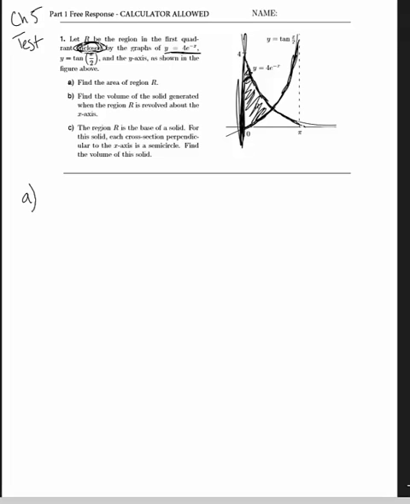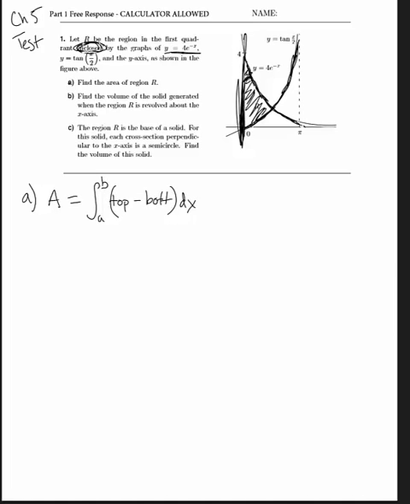So part A says find the area of that region. We need to use the formula area equals the integral from A to B of top minus bottom dx. And in this case, to get that endpoint, a couple people didn't do this. You really need to make sure that you set 4e to the negative x equal to tangent of x over 2.